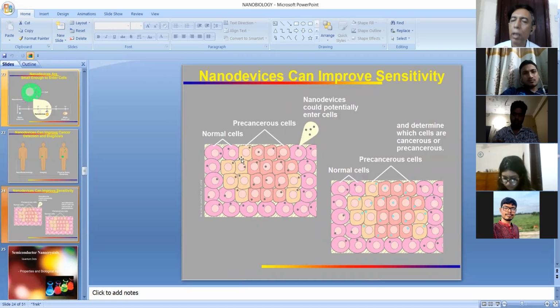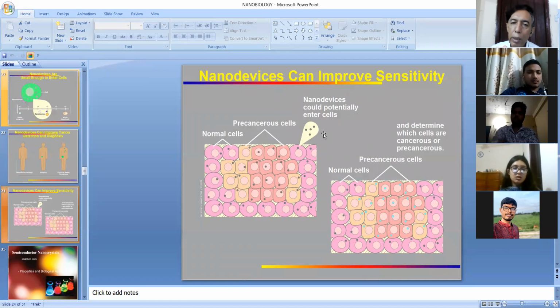Precancerous cell means cancer will develop in that person after some time, say, for example, after 2 years. This cell is turning to this side. This is called a precancerous cell.